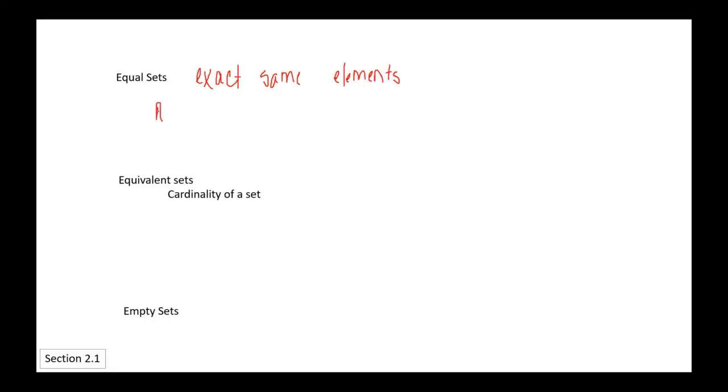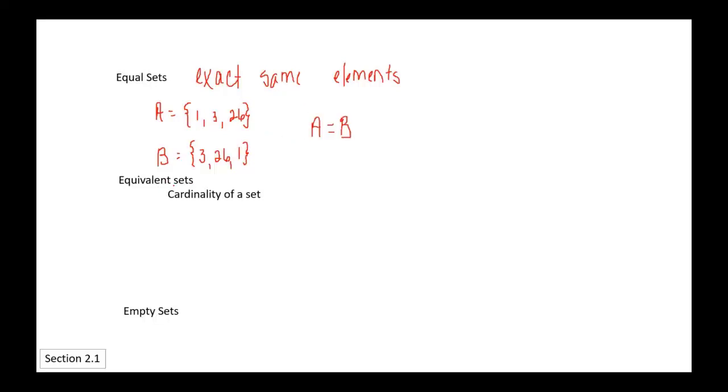So if set A had the numbers 1, 3, and 26, and set B had 3, 26, and 1, then equal is my term here.